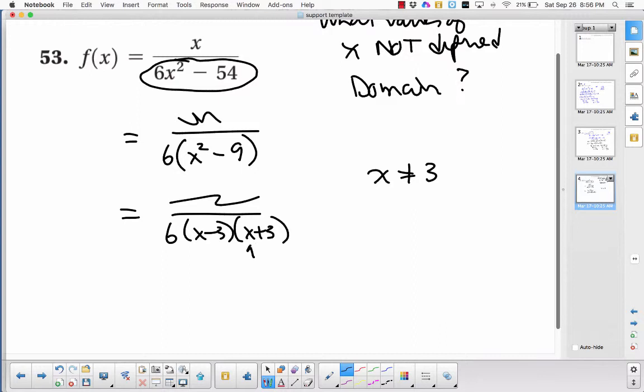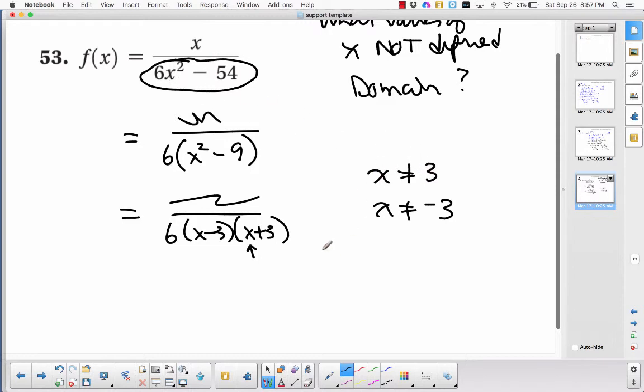What can it not be here? Yeah, negative 3. So in this case here, x can't be 3, and in this one, x cannot be equal to negative 3. So those are the values for which this function is not defined. So you can't put a 3 in, can't put a negative 3 in.